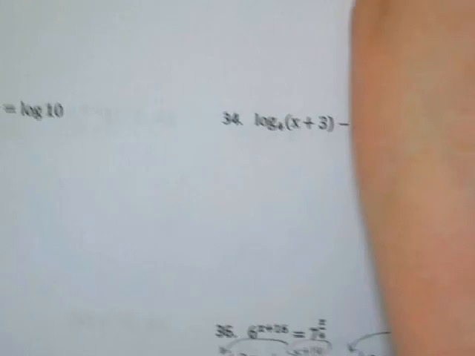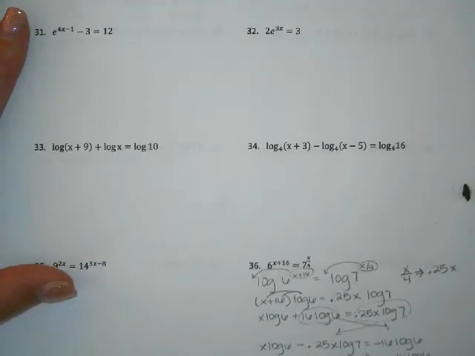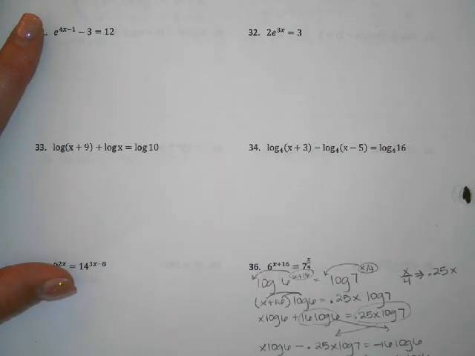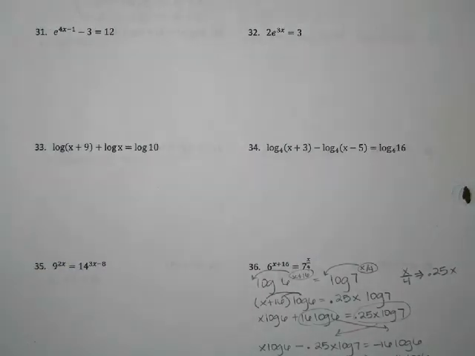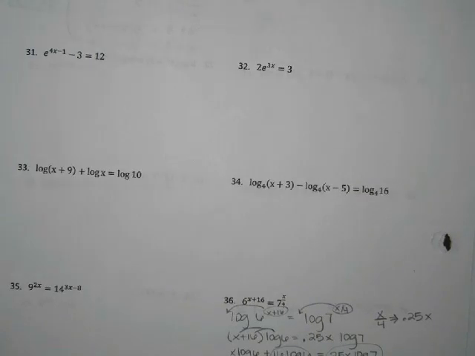I'm thinking 30. Okay, so if we get 30 problems done, that means if you skipped some, you're going to have to go back and do them, right? So 1 through 30 will be the actual assignment, and if you choose to do more than that, it's extra credit. Reasonable?